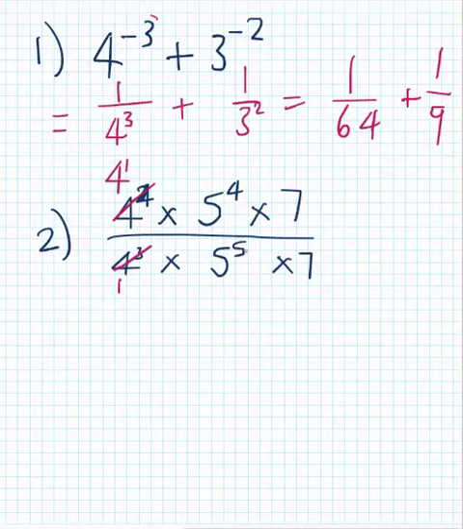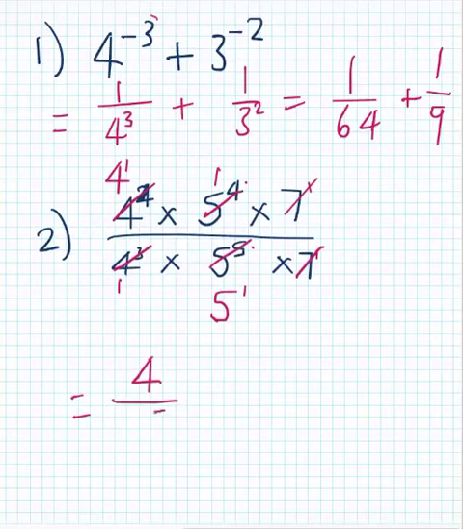So my smallest amount is 4, that's gone, that's a 1. And 5 take away 4, I'm left with 5 to the power of 1. And I have 1 7 on top and 1 on the bottom. Well, that's gone and that's gone. So all I'm left with is 4 times 1 times 1, which is just 4, over 1 times 5 times 1, which is 5. And there is my answer.